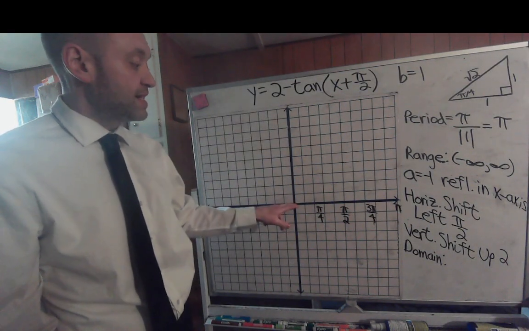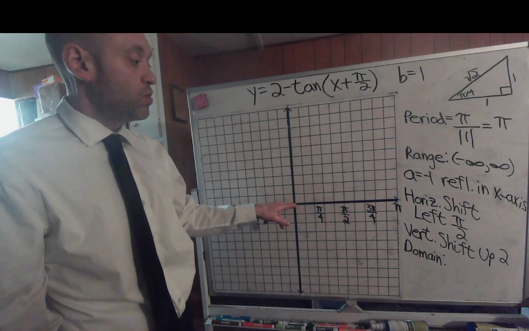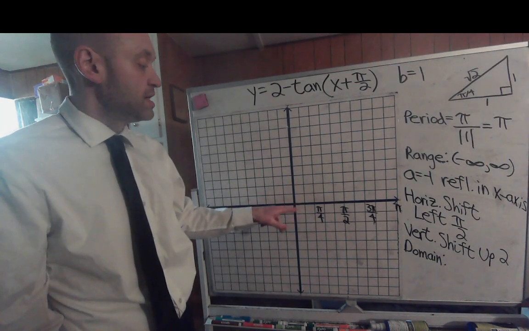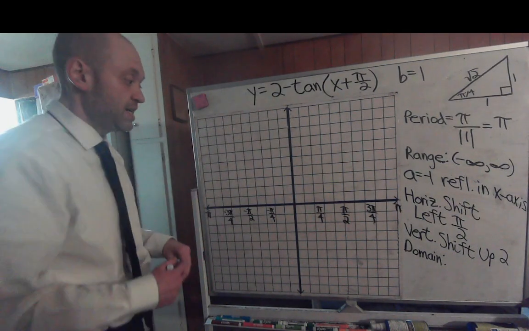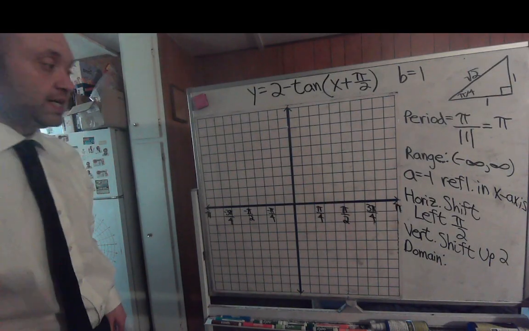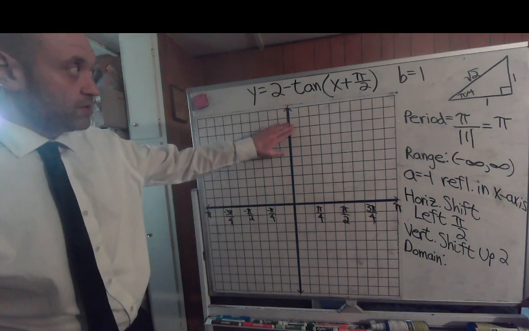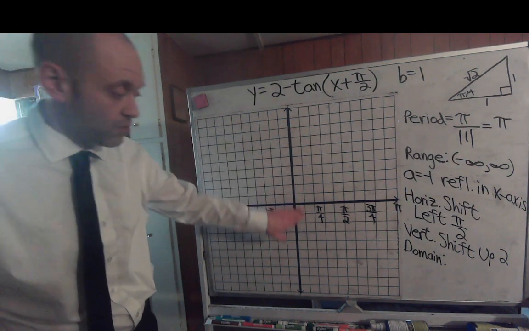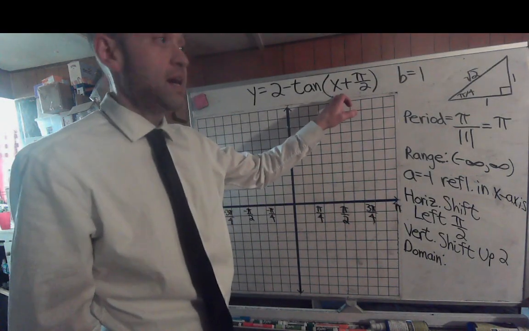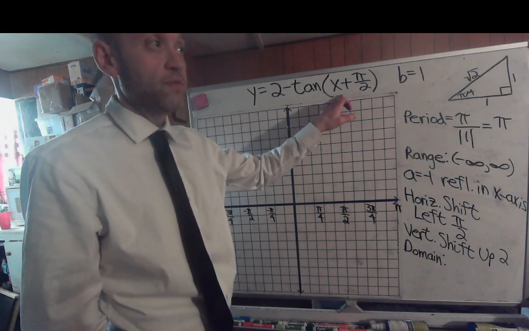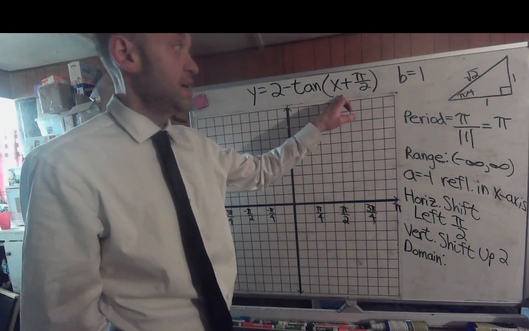Now, let's go back to 0. So what if I put in 0, I'll get the tangent of pi over 2, which is undefined. So actually, x equals 0 is going to be a vertical asymptote. Now, if I put in pi, I would get the tangent of 3 pi over 2, which is also undefined.